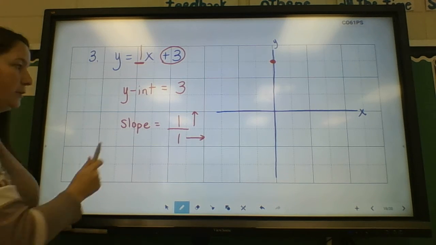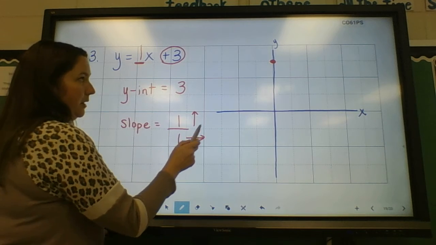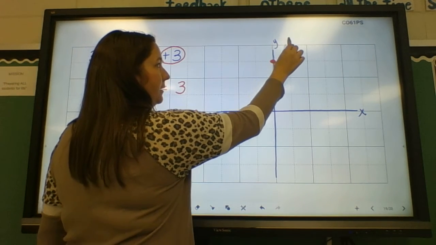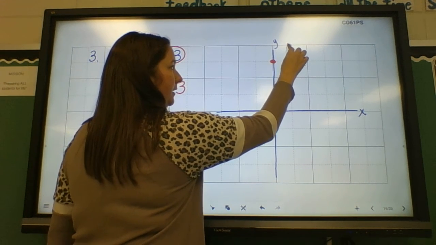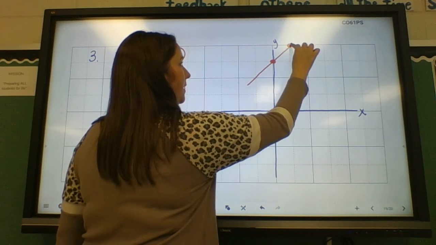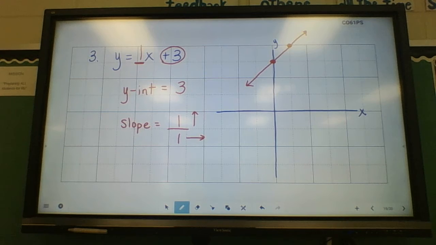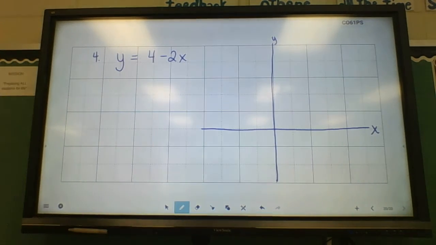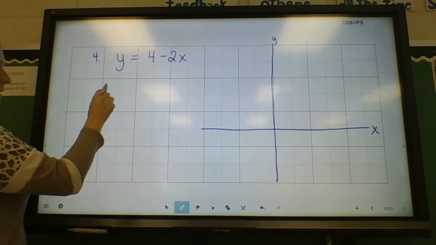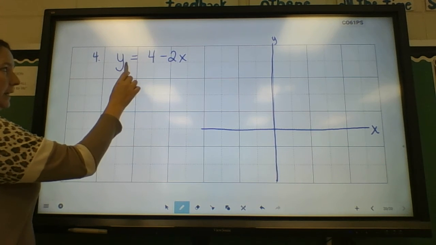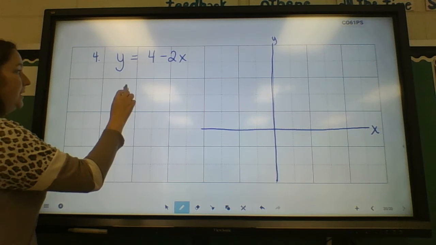Then my slope is rise 1, run 1. So I will rise 1, run 1. There you go.